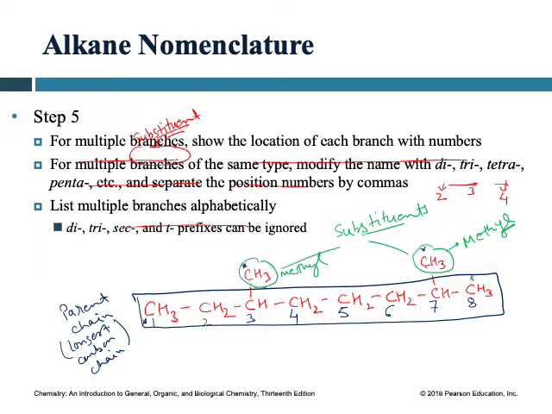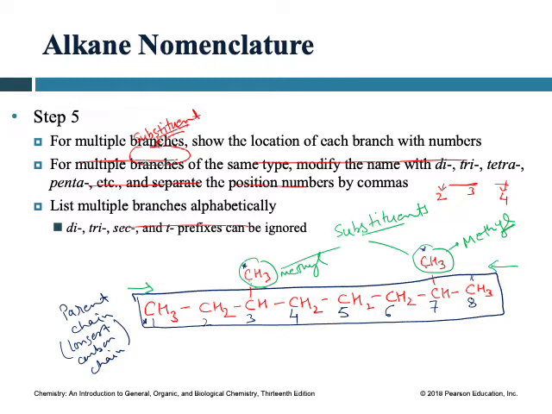So what's the third rule? The third one, you have to see from which end you have to start counting. You have two ways to start counting the parent chain. Either you start from this end, left hand side, or from the right hand side. Now you have to pick which end to start counting.